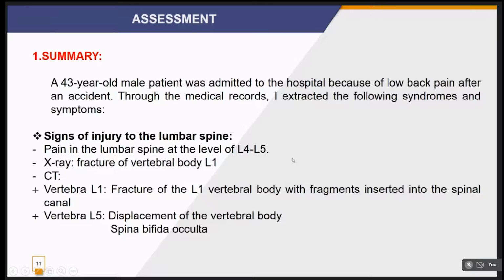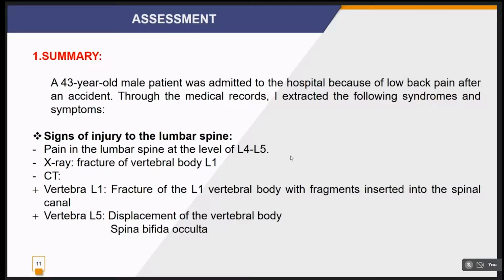So, summary: a 43-year-old man was admitted to the hospital because of low back pain after an accident. Through the medical records, I extracted the following symptoms and signs. First, the site of injury is the lumbar spine, with pain at the level of L4 to L5.